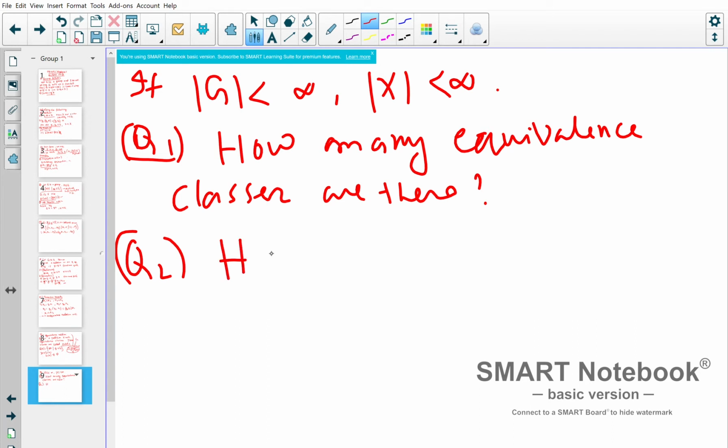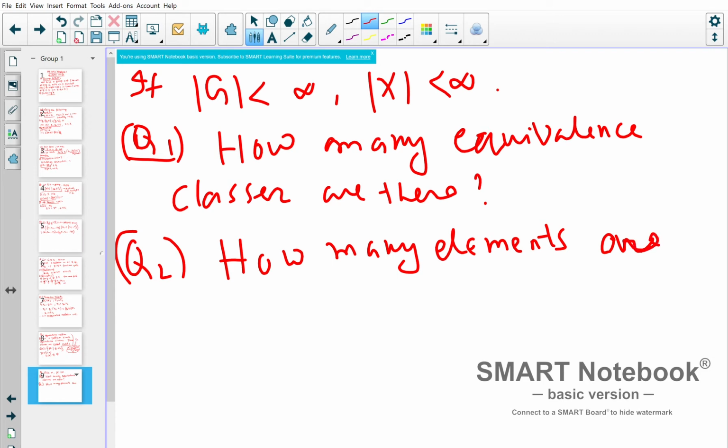Or you can ask, say, how many elements are there in each orbit?